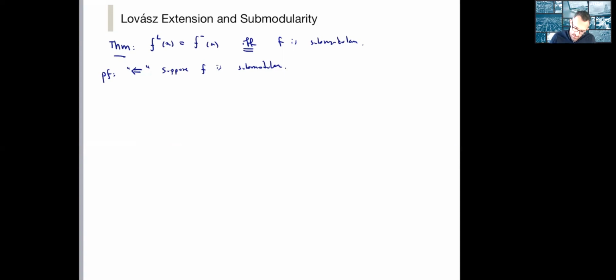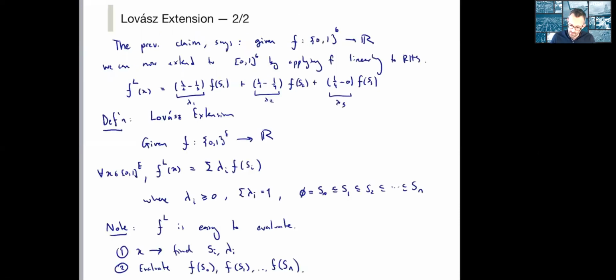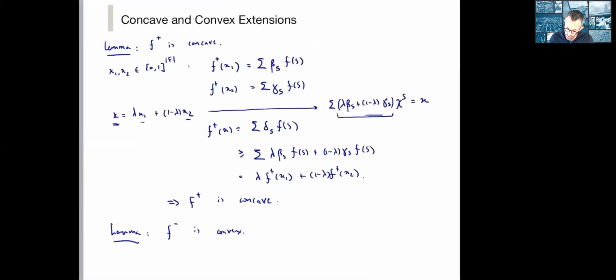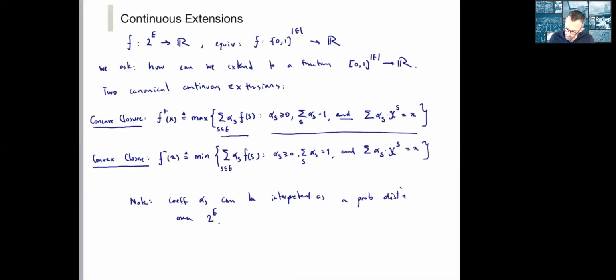So let's take alpha s to be the distribution that achieves the value f minus of x. Just flipping back to our first slide where we define these, it's whatever achieves this.